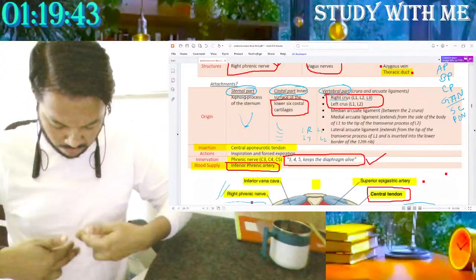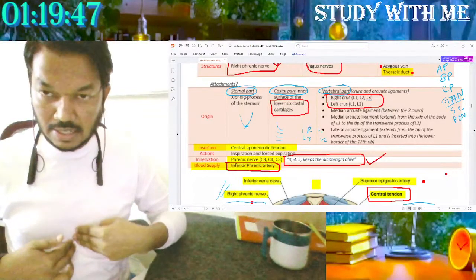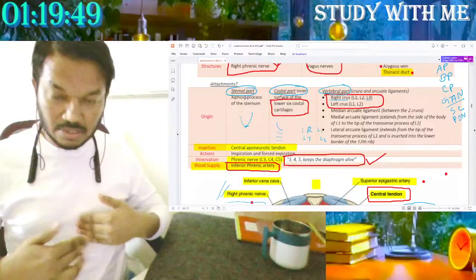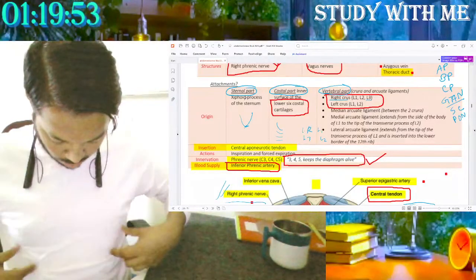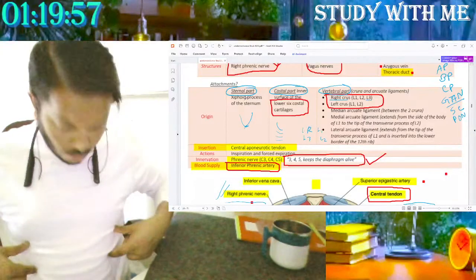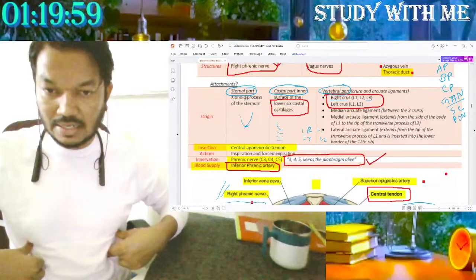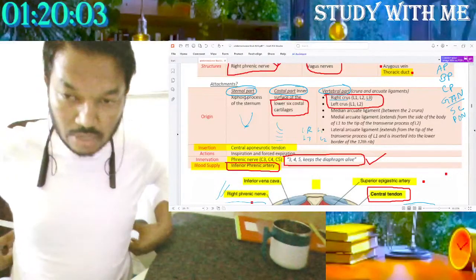In the front, we have the xiphoid process, the inner surface of the xiphoid process of the sternum. This is the sternal part. Then the costal part on both sides, at the costal margin, from the lower six costal cartilages, and it goes up to the back.